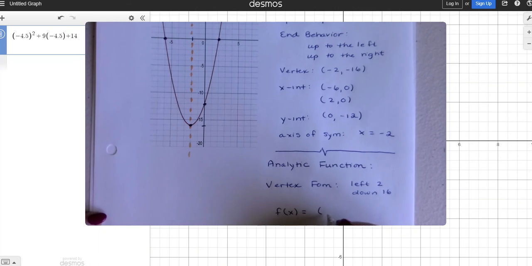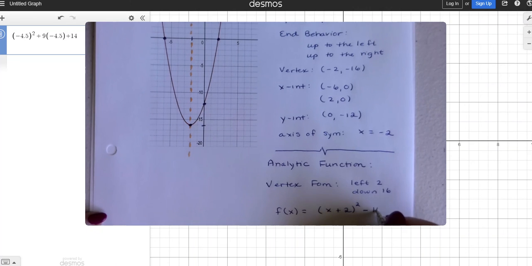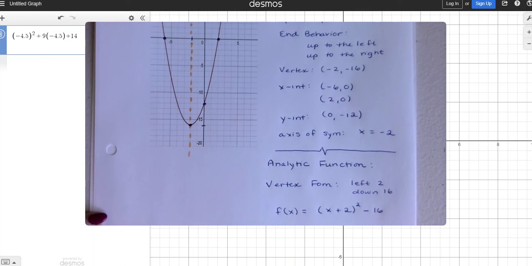To go left 2, a horizontal shift left 2, I would have had to have an x plus 2 squared. And then to go down 16, I would have a -16.